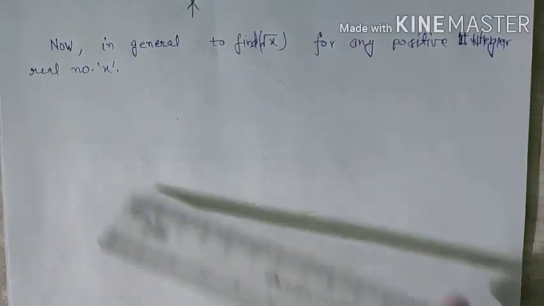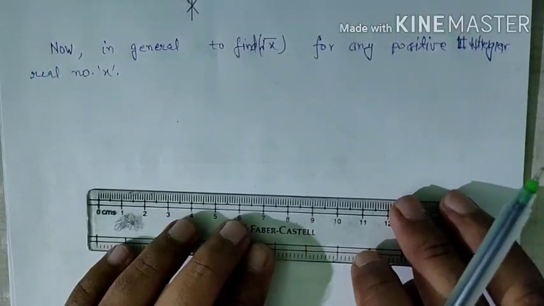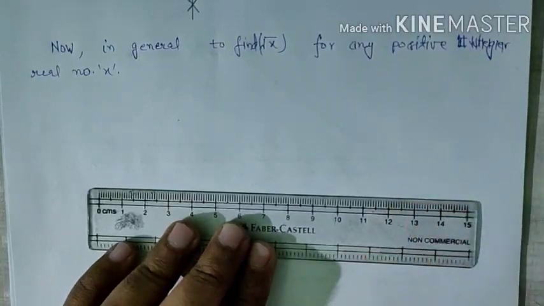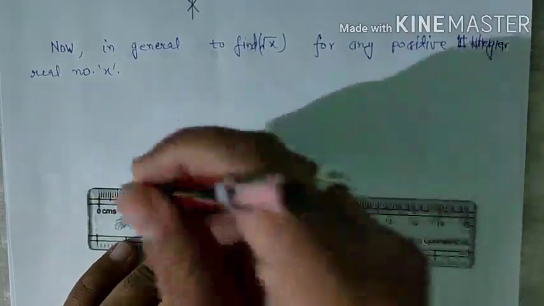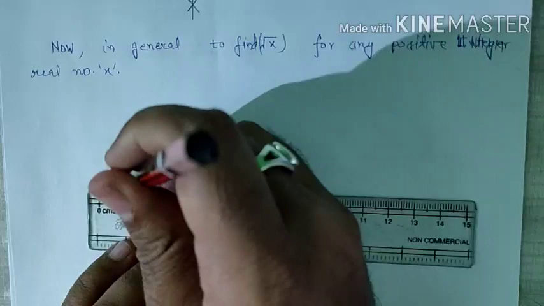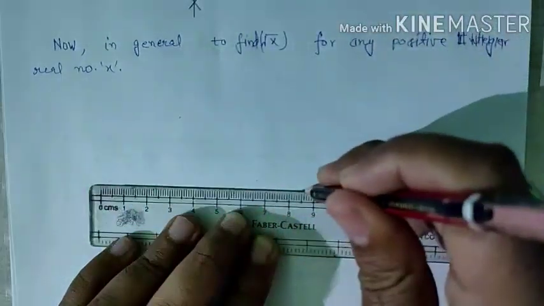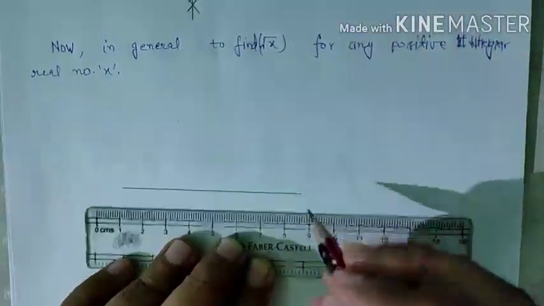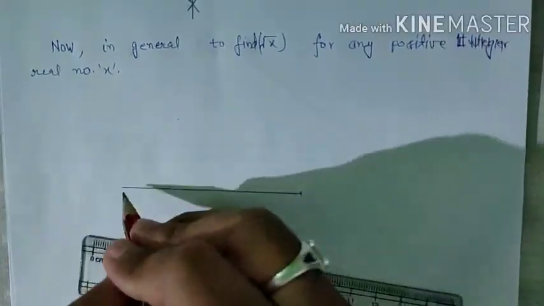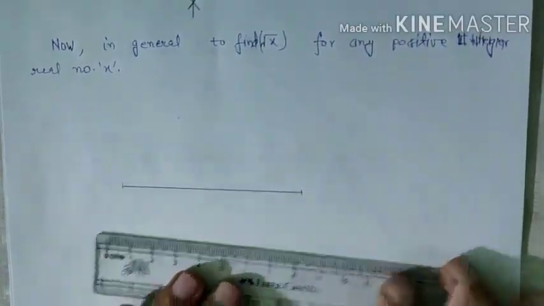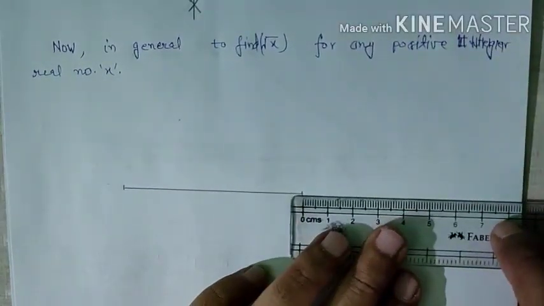What we have done in the previous video, just draw a line of any length. I'm not measuring what this length is, and at that point just increase 1 centimeter.